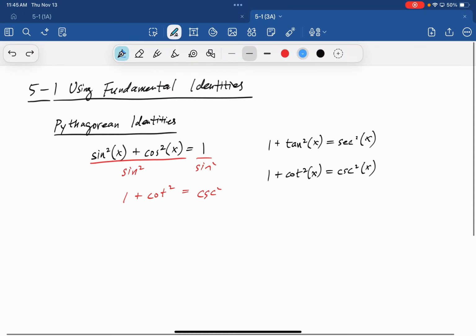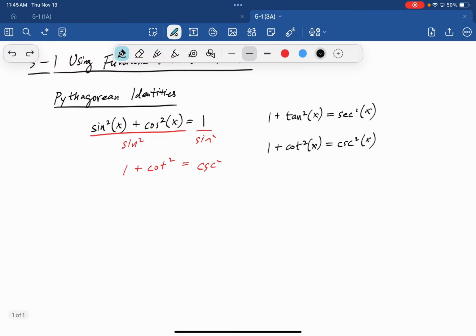I was just noting how they sounded similar for some reason. Any questions? So tangent goes with secant, cotangent goes with cosecant, and the tangents always have the 1s there. All right then.